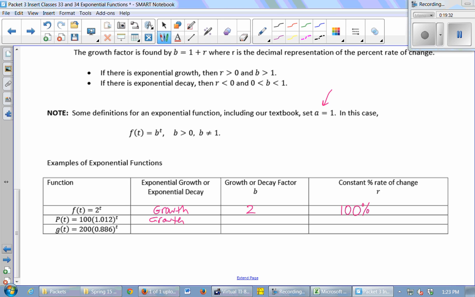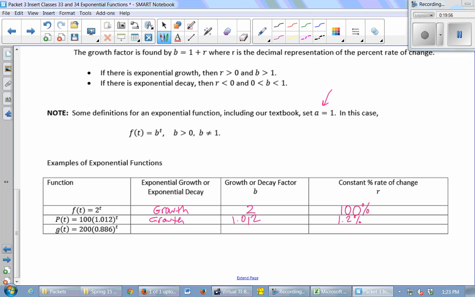What is my growth factor? 1.012. And what percent growth rate does that correspond to? 1.2%.